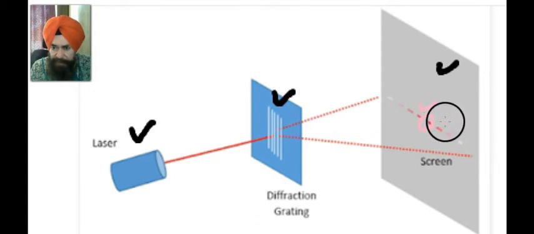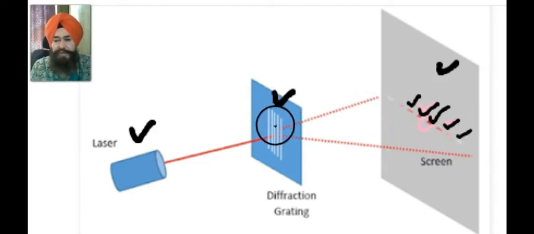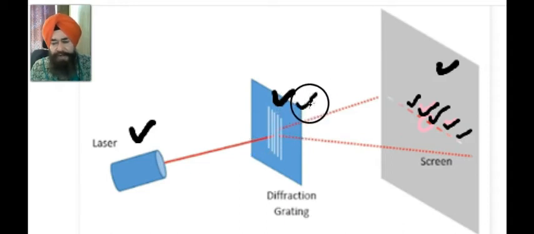Then again the first secondary maxima. Central maxima, first secondary maxima, second secondary maxima, and so on. This happens if the laser light is thrown on a diffraction grating. We'll get a diffraction pattern.